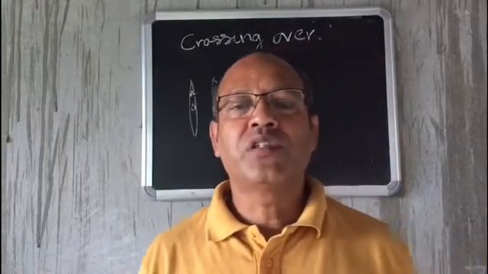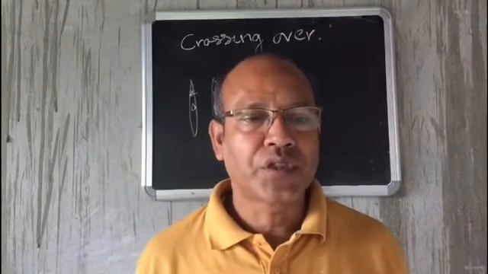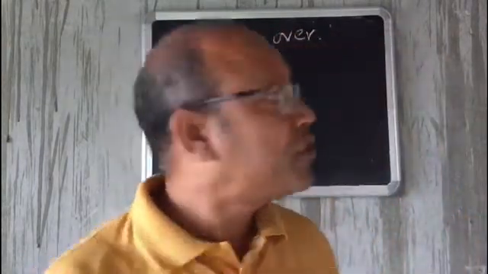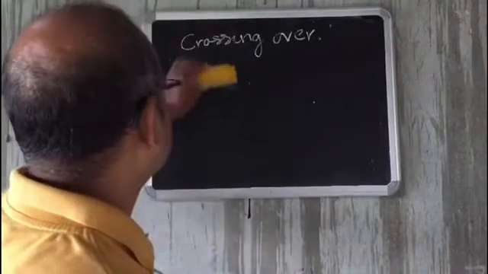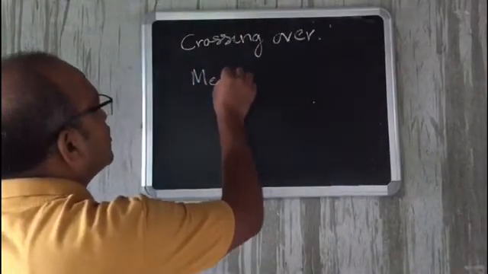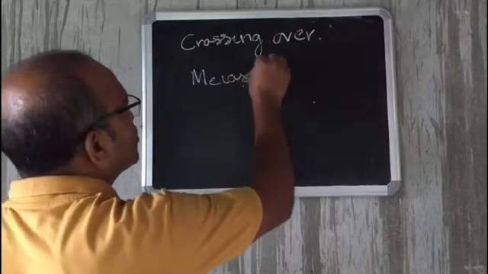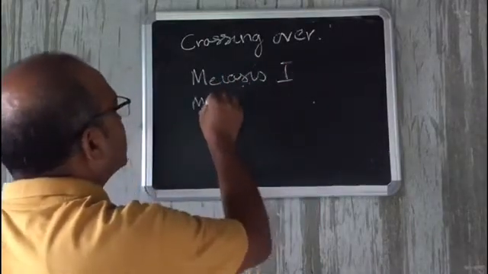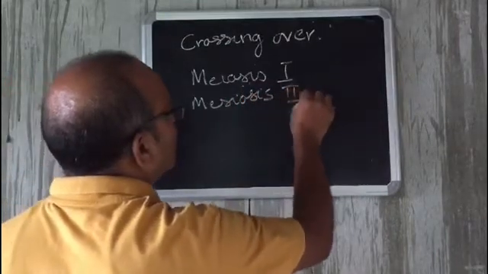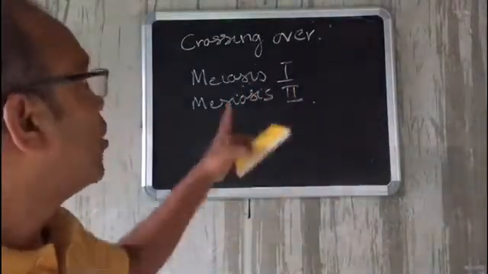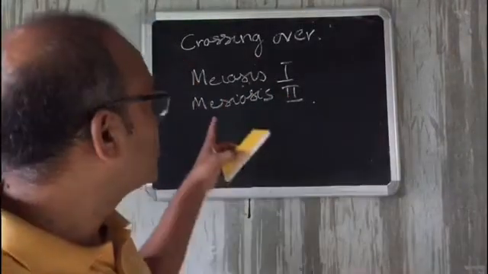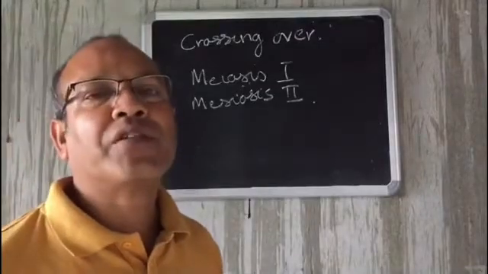Now here we are going to discuss meiotic crossing over that takes place during meiosis. As we already know, meiosis has two phases, meiosis 1 and meiosis 2. We already know that meiosis 1 is a reduction division and meiosis 2 is more or less a mitotic cell division.